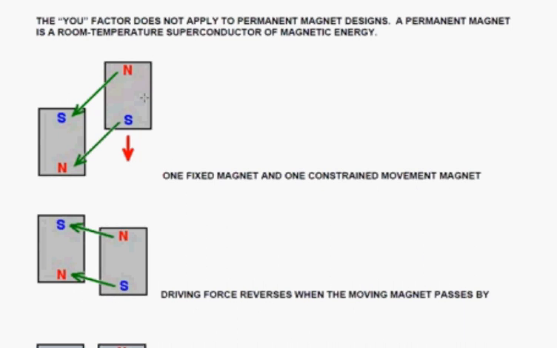In the position where it's shown there, the north of the moving magnet is attracted to the south of the fixed magnet, and the south of the moving magnet is attracted to the north of the fixed magnet. That gives you a force indicated by the red arrow, and the moving magnet is pushed downwards.